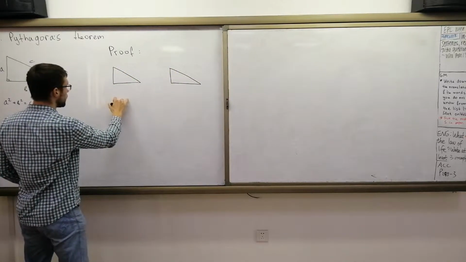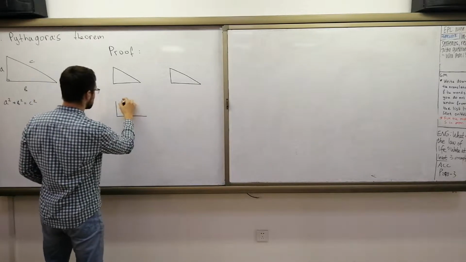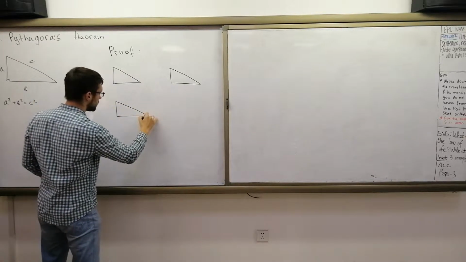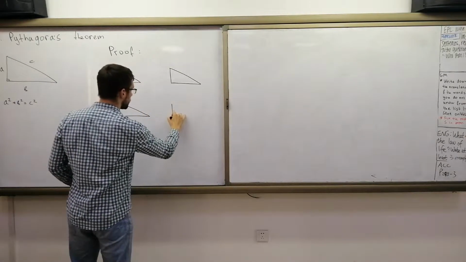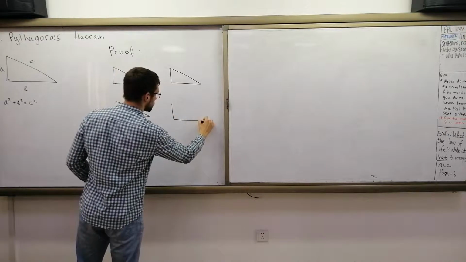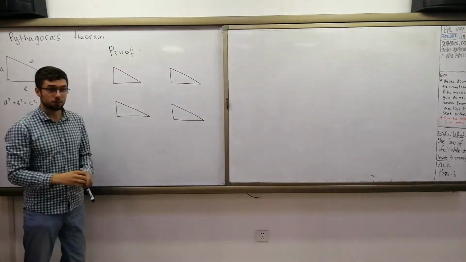Now I'll consider another exactly the same right triangle. And finally, the fourth one, exactly the same right triangle.